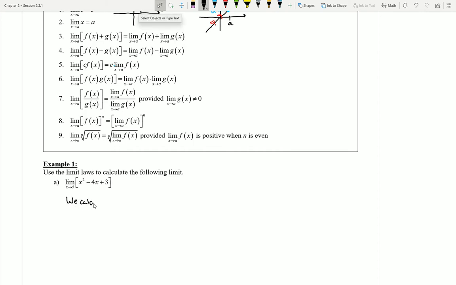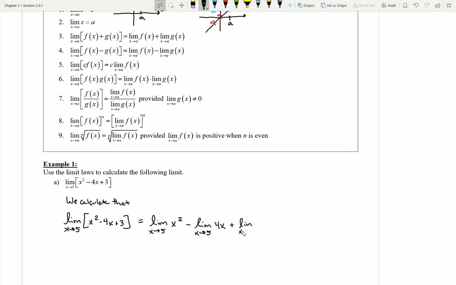I'll start by saying that we calculate the limit as x approaches 5 of x squared minus 4x plus 3 is going to be equal to, and I'm going to use my limit law, which states that I can take the limit of each term inside of my original expression. So you can see here I'm applying this limit with x approaching 5 to each of these.